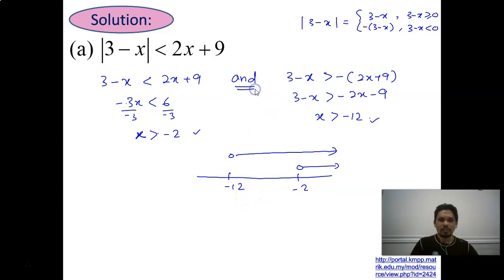So with the term of "and", we are going to find out where these two lines intersect each other. It's not here, but they intersect in this section here. So then the solution set is from negative to positive infinity.